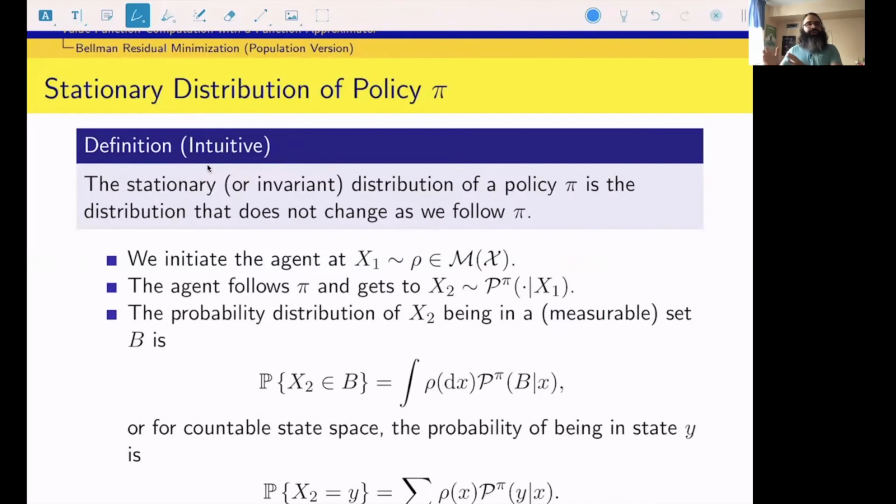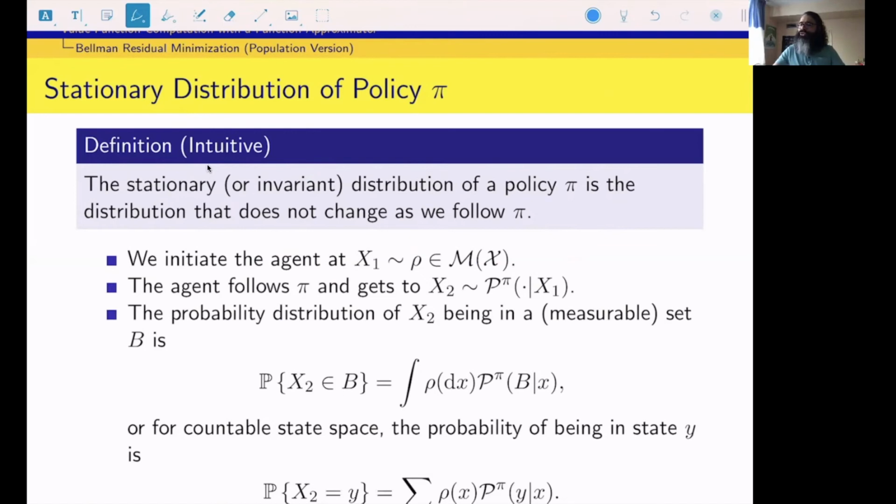The distribution of those samples would be the same as the distribution of x1. If you are in that situation, then your distribution is the stationary distribution of a policy, or invariant distribution. So I guess the explanation I gave you is more like invariant. It doesn't vary as time goes on.